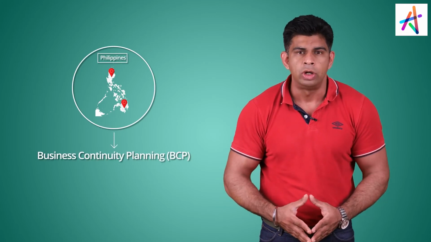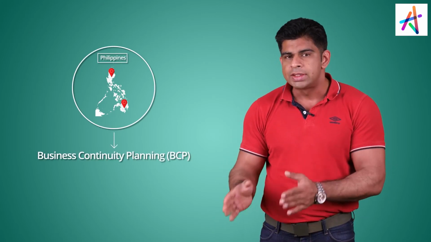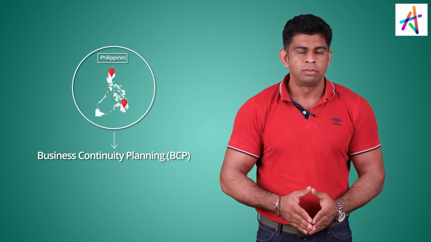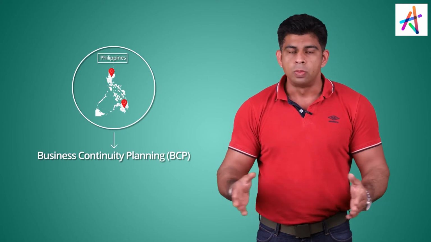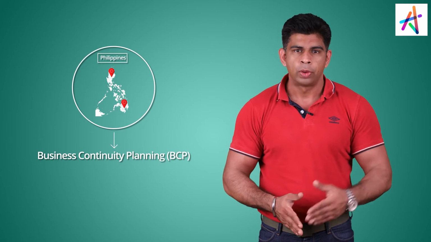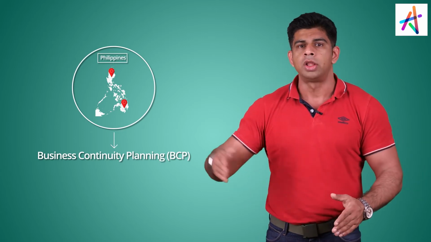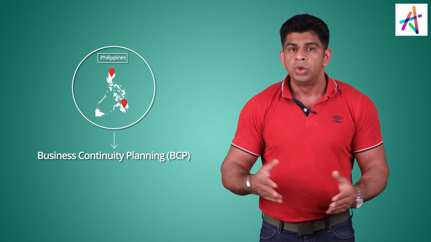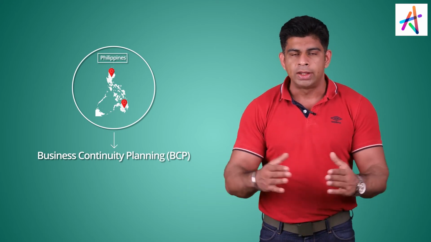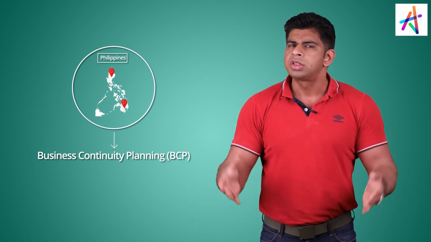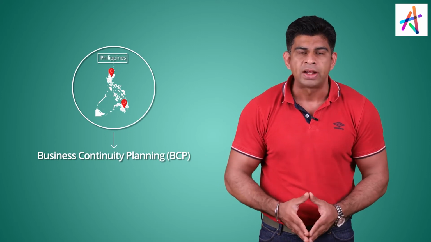BCP, business continuity planning. If that's the case, now you need 2 leads, tech lead or team lead, to manage the project in those locations. One in the location where you are located, another one where you're not located. You have to spend considerable time and energy in getting things coordinated. Cost has to go up. What has impacted the cost?